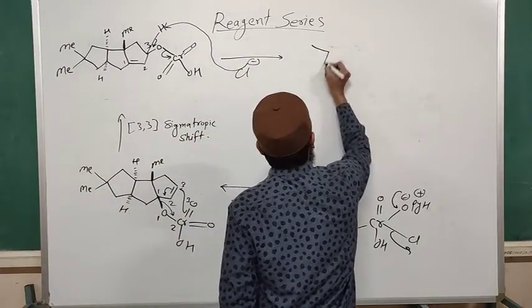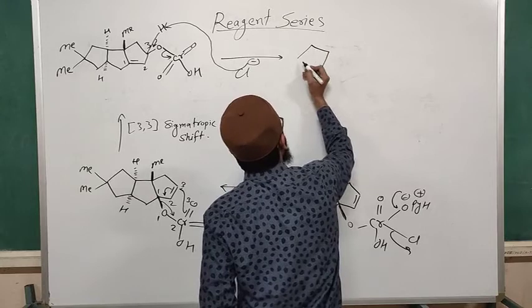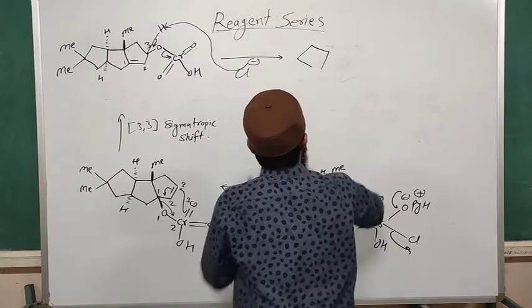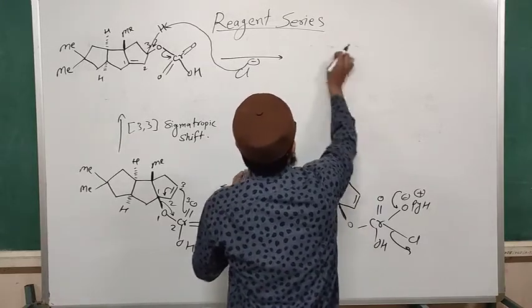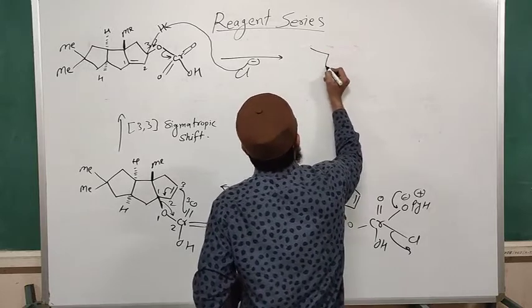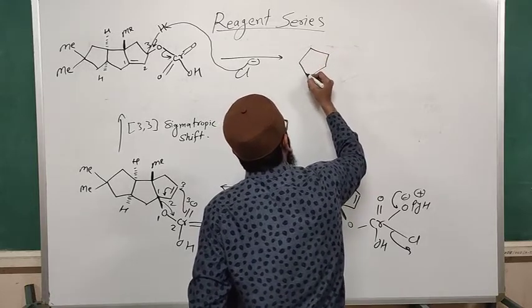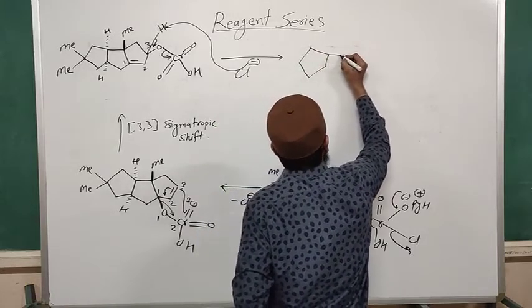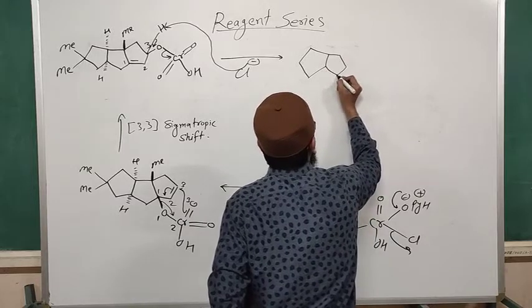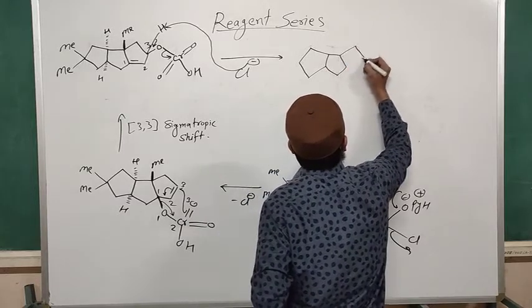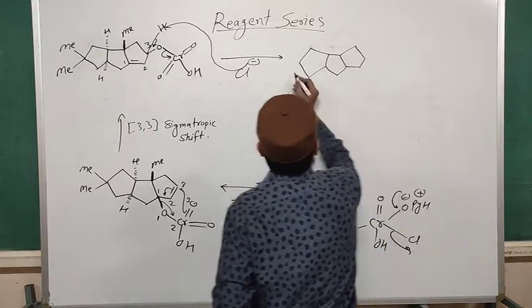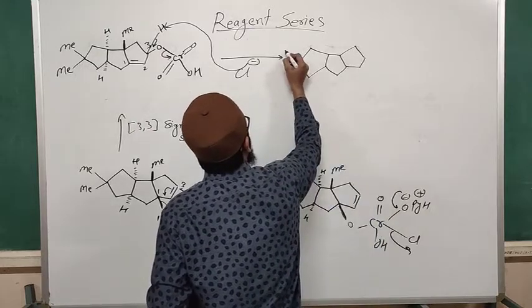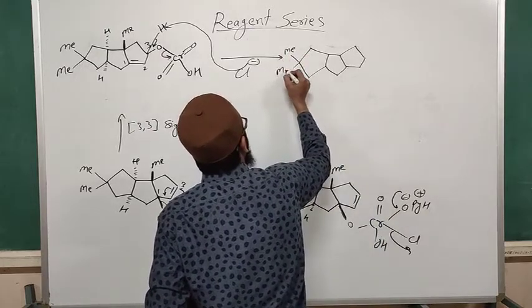We will get the structure like this. Let me draw it properly. This is our structure. Now look at here. Methyl.